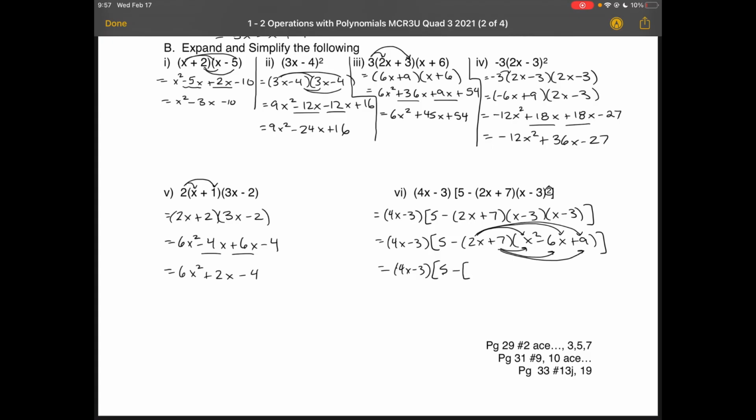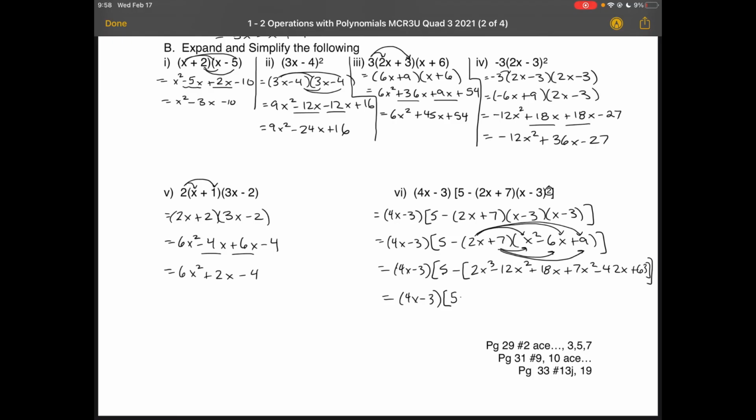So I've got 2x cubed minus 12x squared plus 18x plus 7x squared minus 42x plus 63. Holy smokes. So let's consolidate that a little bit before we deal with the 5 and our last binomial.